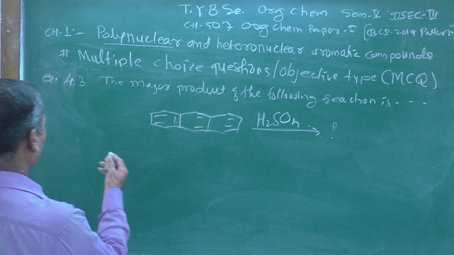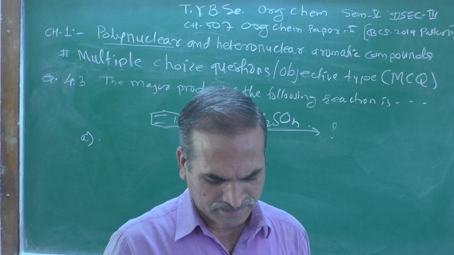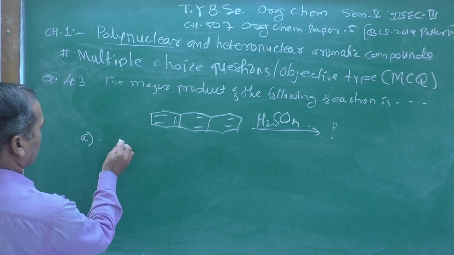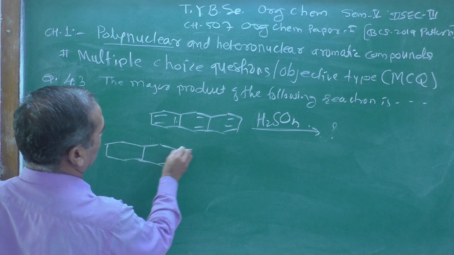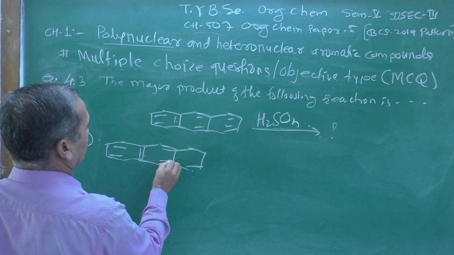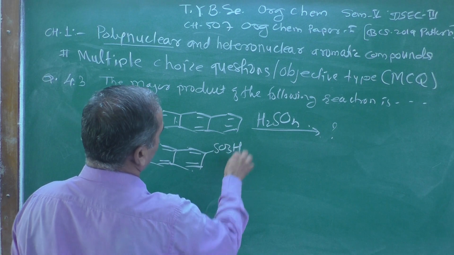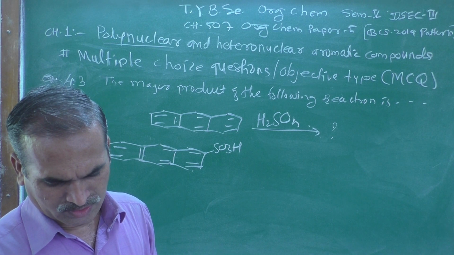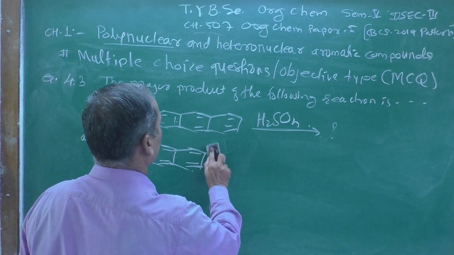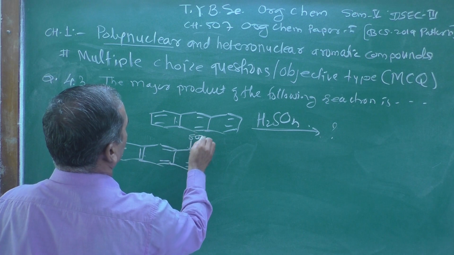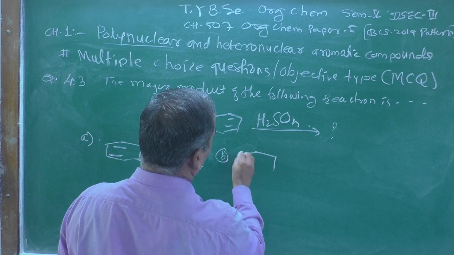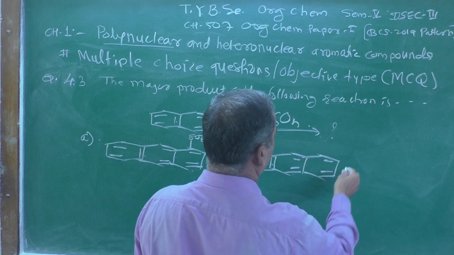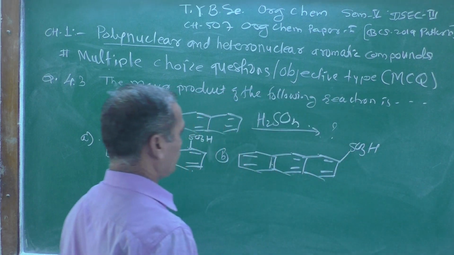Now let us see the options given below. In the first one, the sulfonic acid group SO3H is attached at this position. The second would be this one, where SO3H is attached at the beta position.